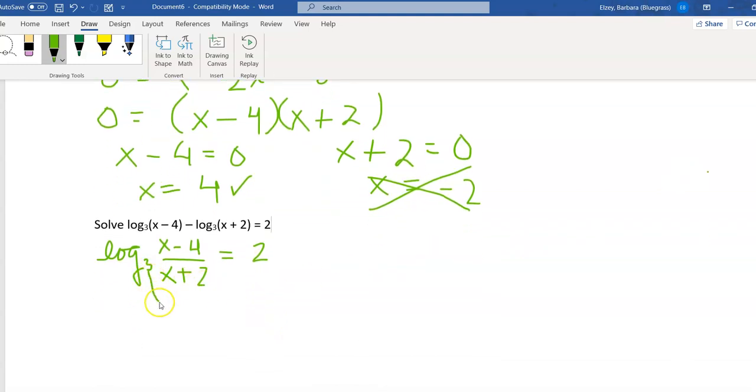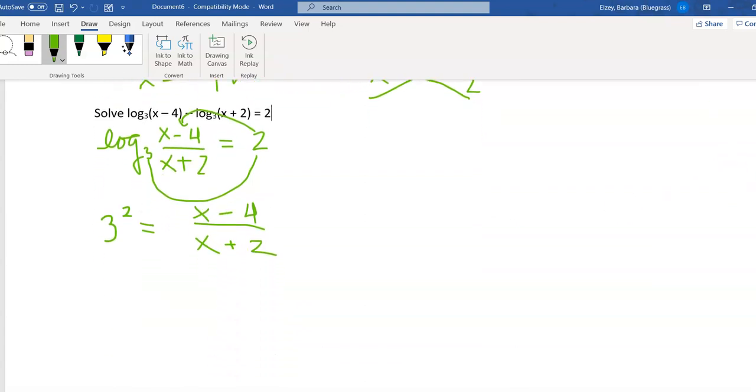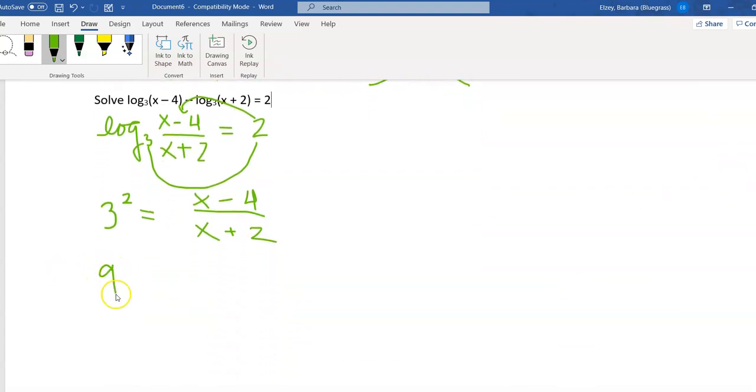So we're going to say 3 to the second power equals this stuff. All right, let's go ahead and square our 3. 3 squared is 9.